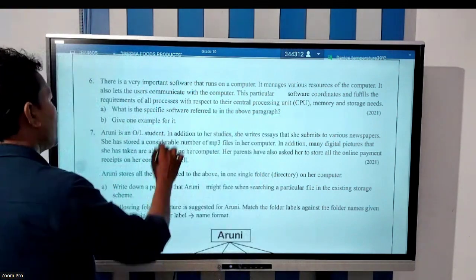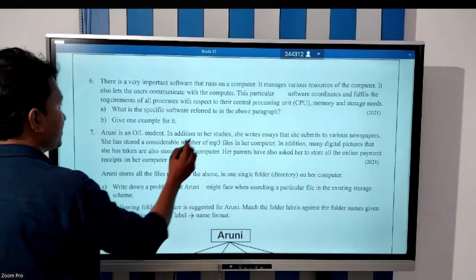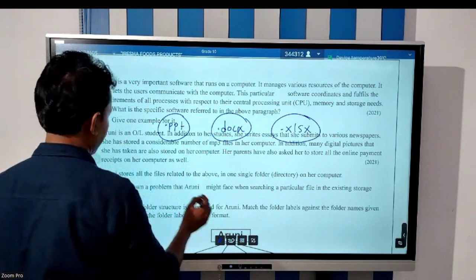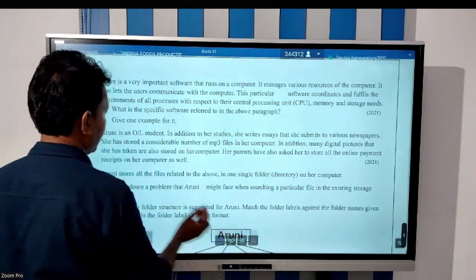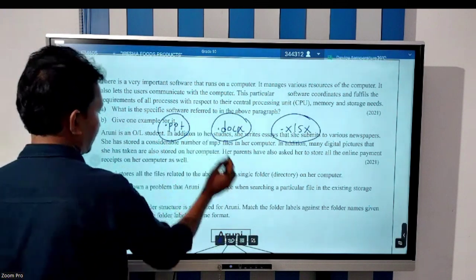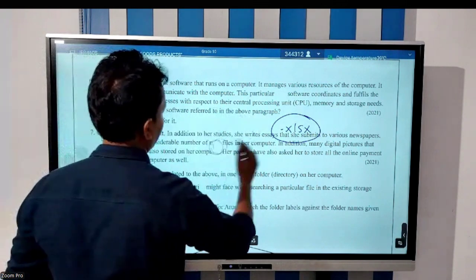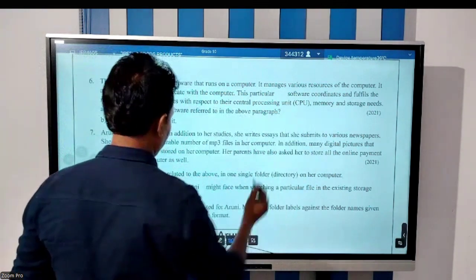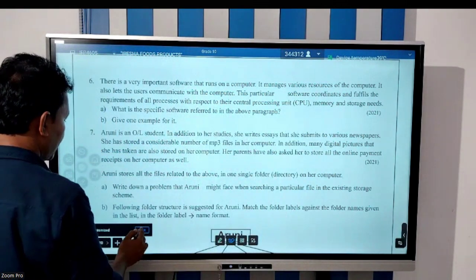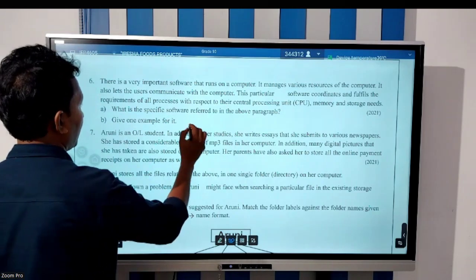Give an example for this. What are the examples? We can write. The examples. Windows.